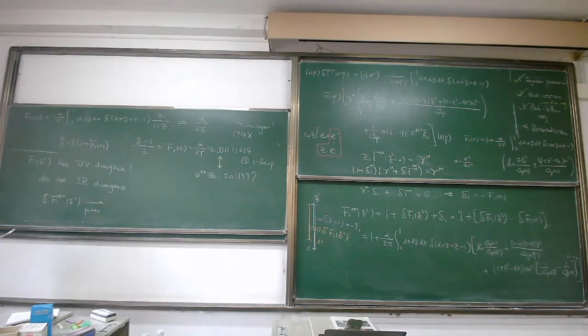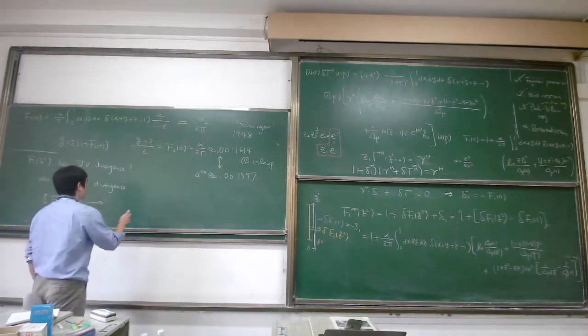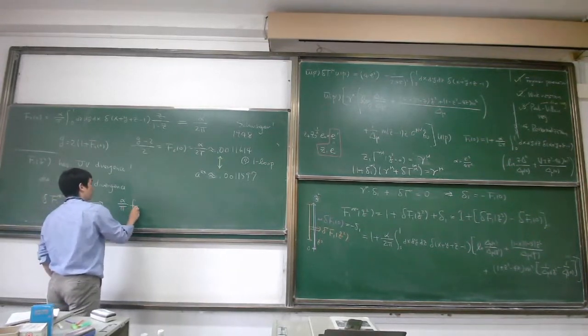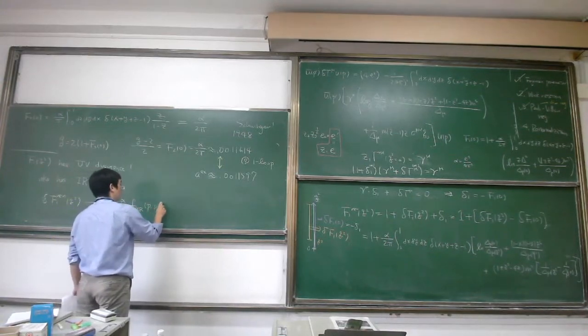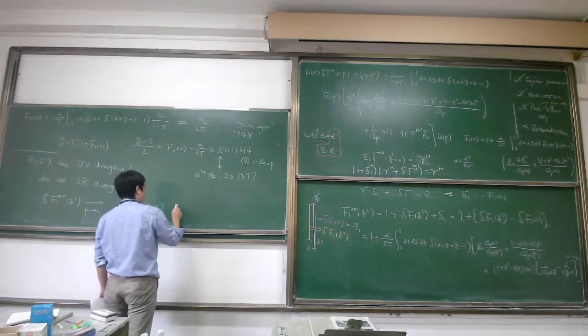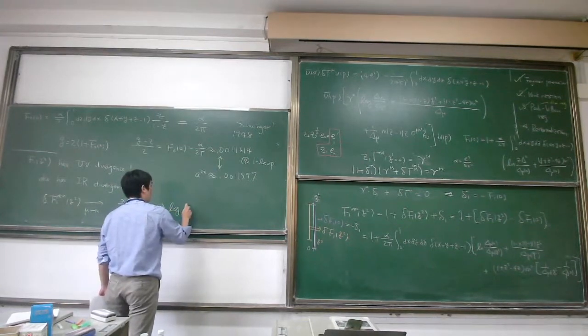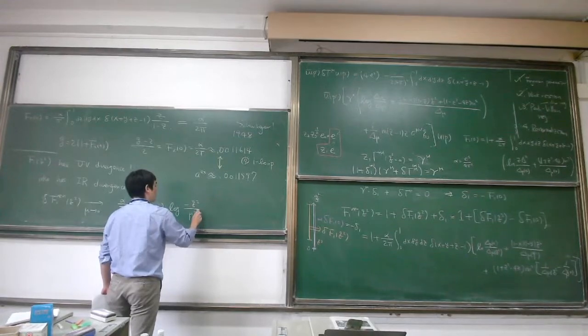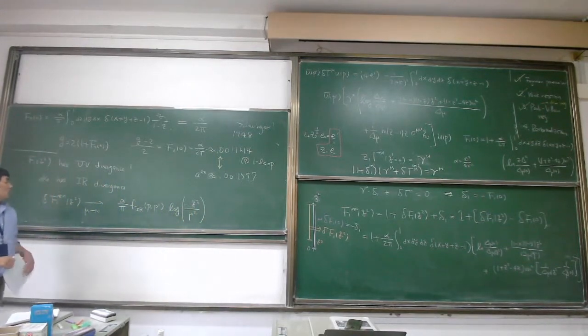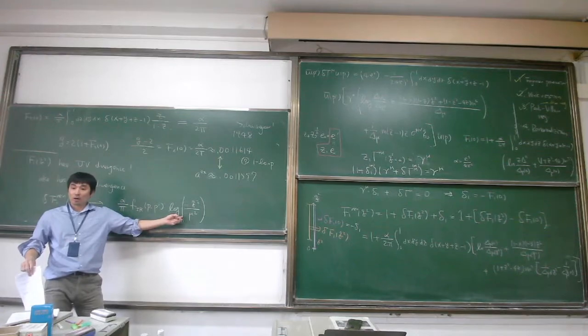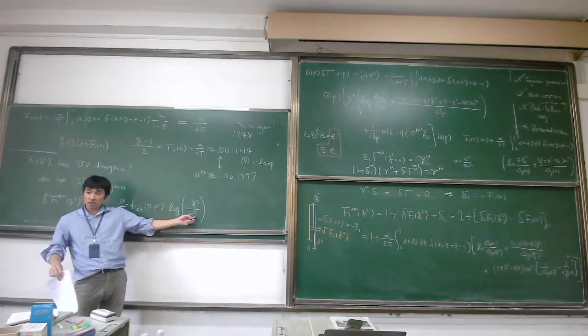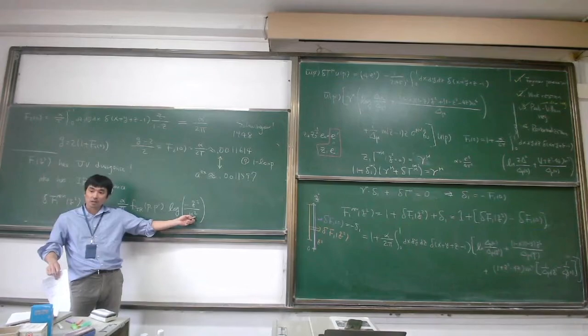It has the following divergent part, something like F1 equals alpha over pi F_IR, which depends on P and P prime, times log of minus Q squared over mu squared. If you take that expression and mu goes to 0, it has this kind of divergent part. So if you set mu goes to 0, it becomes infinity. Okay?